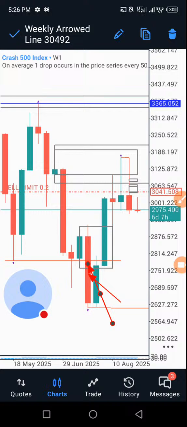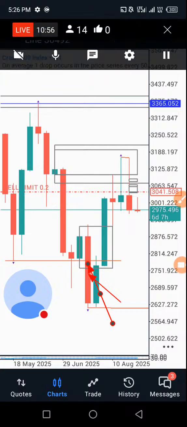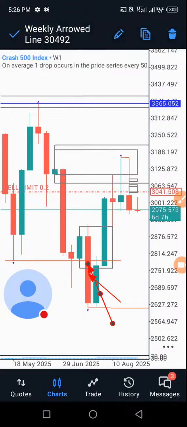That does not mean you cannot see break of structure on a lower time frame, maybe like the 4 hour, 1 hour, or 30 minutes, but it's best we stick to the higher time frame break of structure. And the reason is because those higher time frame breaks of structure hold more weight, okay? They are more reliable, right? They give us better opportunity than the break of structure on the lower time frame.